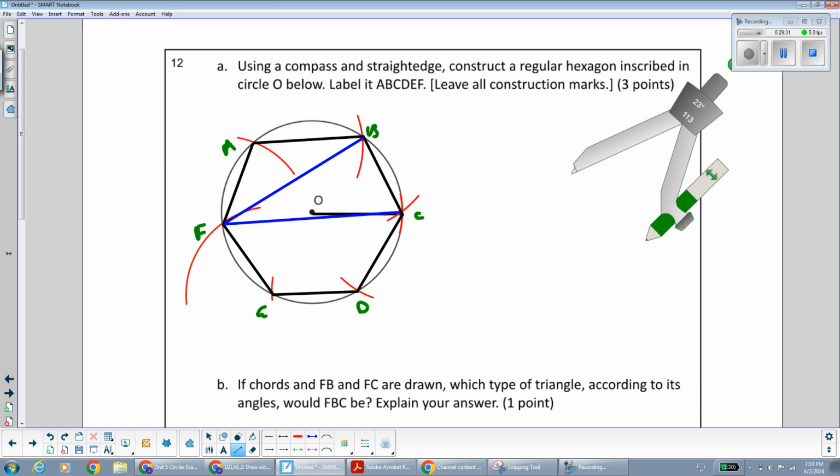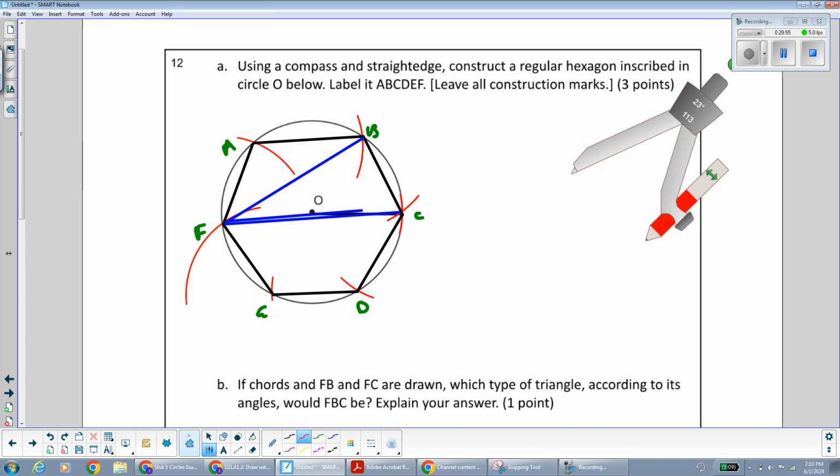Sorry, mine is not super accurate, as I said, because of my construction with my compass. It should line up over here on yours. There we go. And it's asking, according to the angles, what kind of triangle is triangle FBC? What type of triangle, according to its angles, would FBC be?